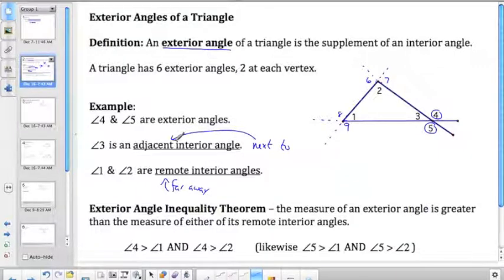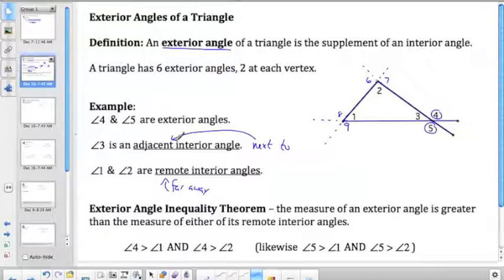So if we are looking at angle 4, then angle 3 would be the adjacent interior angle, and 1 and 2 would be the remote interiors, and the same for angle 5. As another example, if we're looking at angle 6 as the exterior angle, 2 would be adjacent, angles 1 and 3 would be the remote interiors.